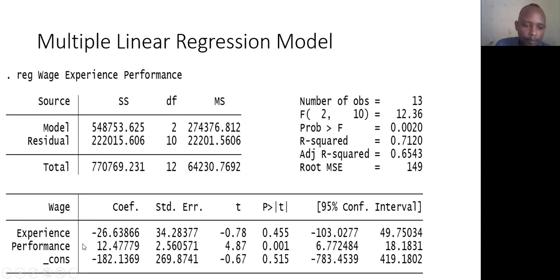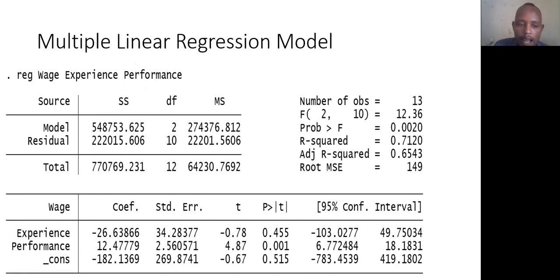Here, look at here. Performance is significant. The P-value is lesser than the level of significance. Hence, performance is a significant variable.